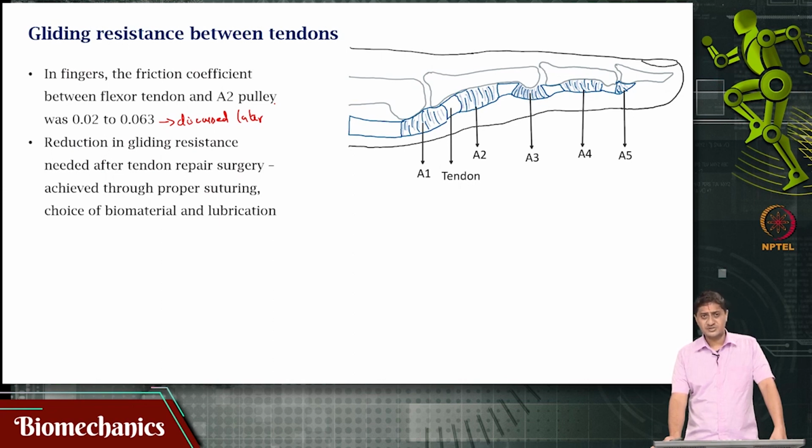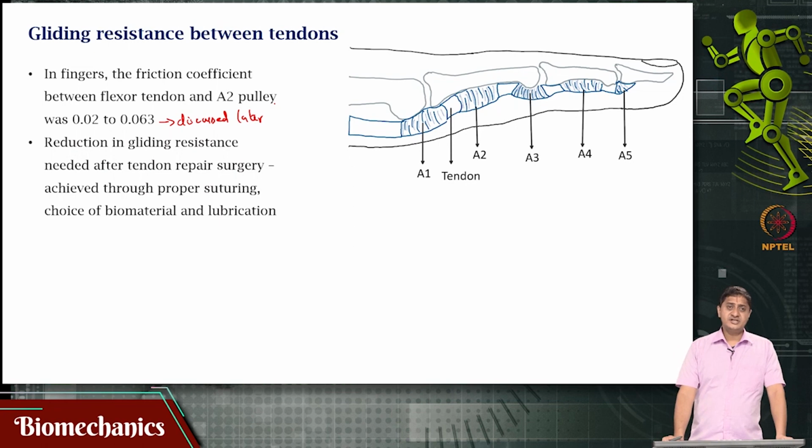So, after sports injuries or any injury, if the tendon is ruptured and tendon repair surgery has been performed, there is a need to reduce the gliding resistance. This is usually achieved through proper suturing, the appropriate choice of biomaterial, and the quality and quantity of lubrication that is available.